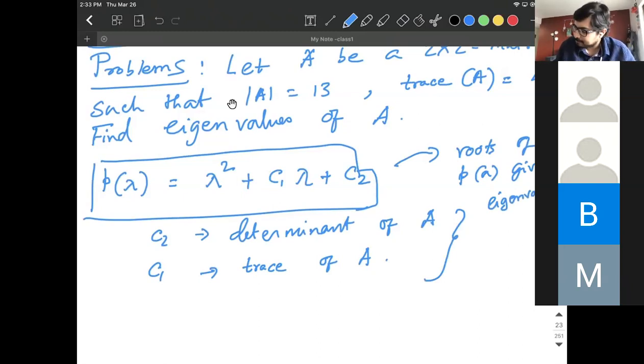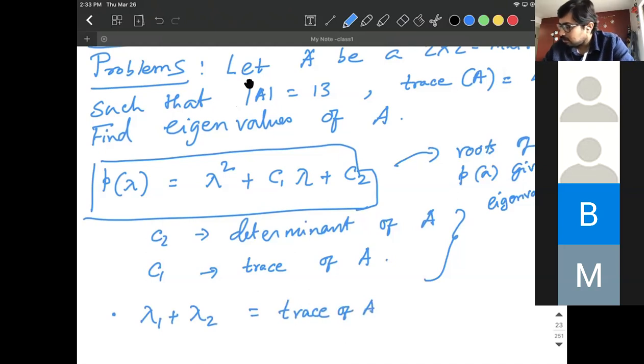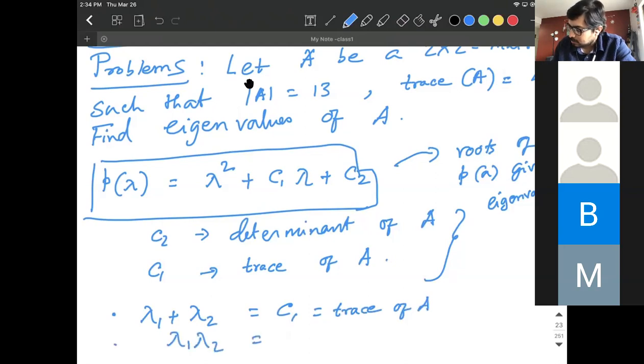And if you know a little bit about quadratic equations, you know that the sum of the roots is given by C1, which is the trace, and the product is given by C2, which is the determinant.